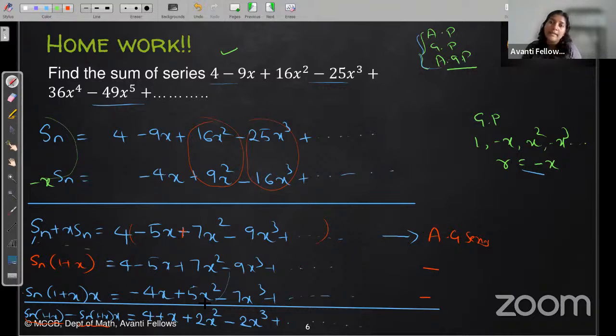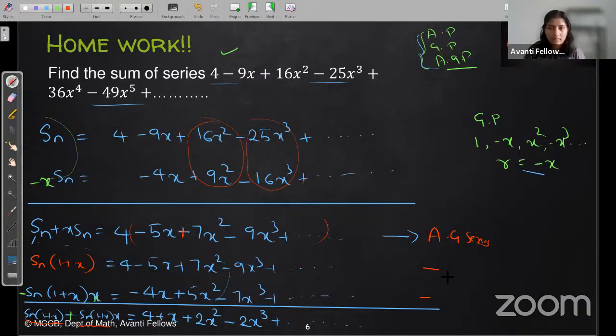Then again we repeated the procedure, as these bracket terms are not in geometric series. We considered this series and multiplied it with the common ratio, that is minus x. So this is going to be plus, right?